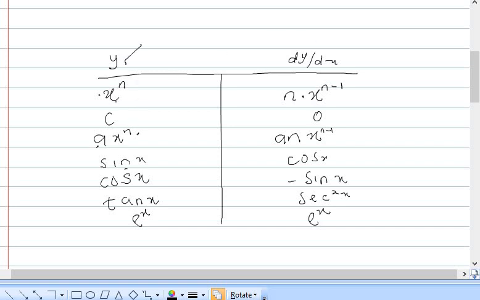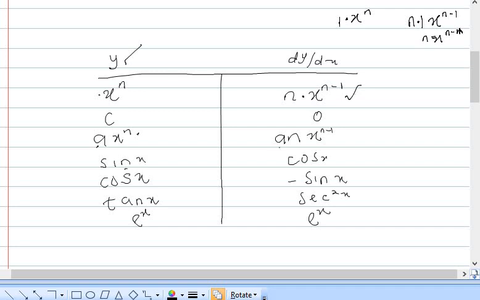If you have x to the power of n and you were asked to find the derivative of it, it is simply the power multiplied by the coefficient. In this case we don't have a coefficient, so the coefficient is 1. We can simply say n times 1, and then x to the power of n minus 1, so it will be nx to the power of n minus 1.